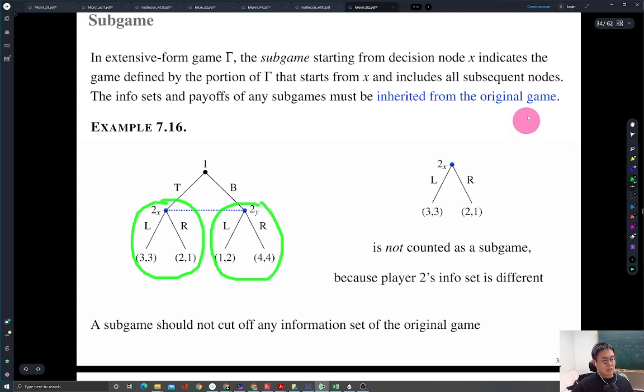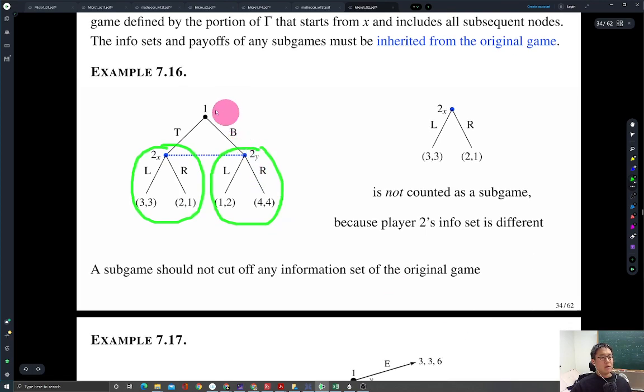So that means when we consider whether a given portion is a subgame or not, we should not cut off any information set of the original game. So the only possible subgame for this extensive form is the entire game, starting from this node and including every following node. That's going to be the entire game.